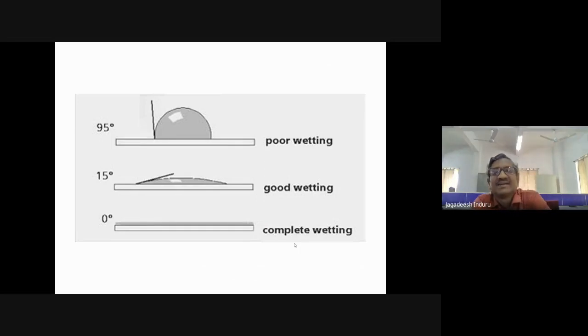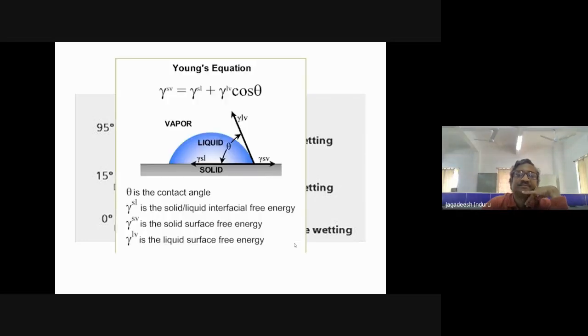In poor wetting, this angle is very, very high. In good wetting, the angle is reduced. In complete wetting, this is completely zero. It means the particle is getting sunk into the continuous phase, or the liquid is completely spreading onto the solid surface. This is actually what the concept is. You are decreasing your contact angle so that you are making better wetting.